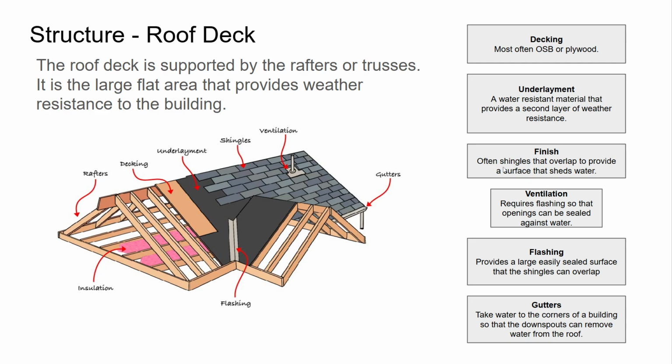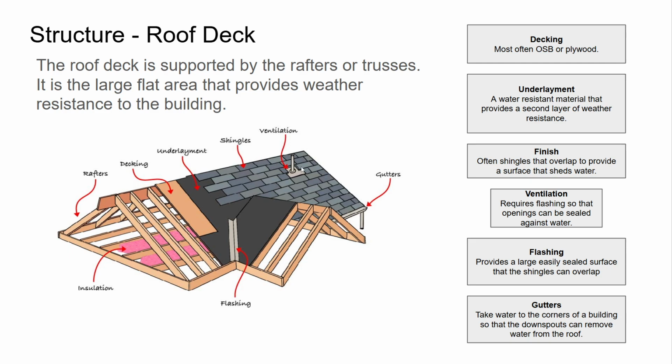Okay, and then there's your finish. That's often shingles or something like that, and then there are usually gutters to take the water away. Ventilation is shown on here too. There's almost always something that has to pop through the roof to get gas from the inside to the outside.